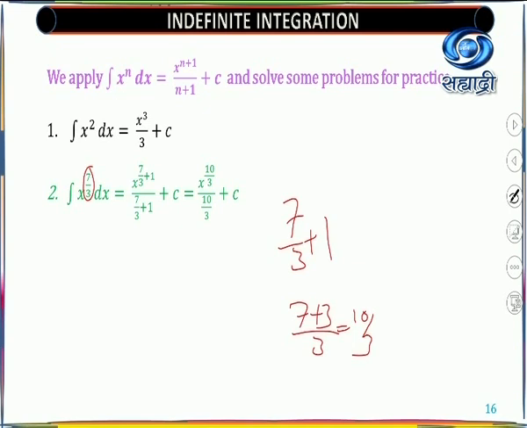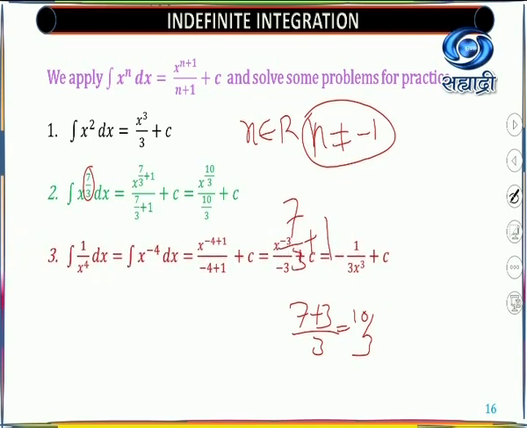This is applicable to n belongs to R and n is not equal to minus 1. So what is the condition? The only condition is n should not be equal to minus 1. That's why we took some examples.